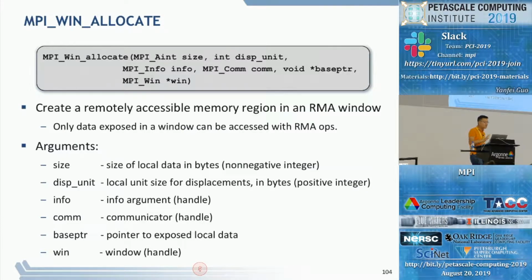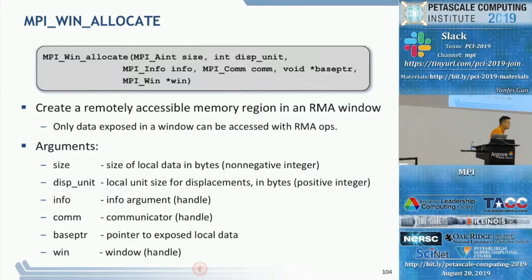With all that info hint, the MPI library can optimize the operation, and in some cases you can get a performance improvement. Actually, I remember for one hint you can get up to an order of magnitude improvement in performance. But we'll talk about this later.